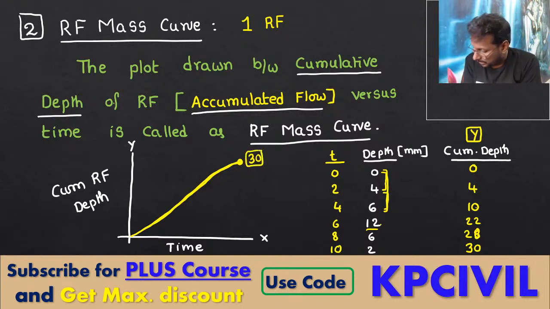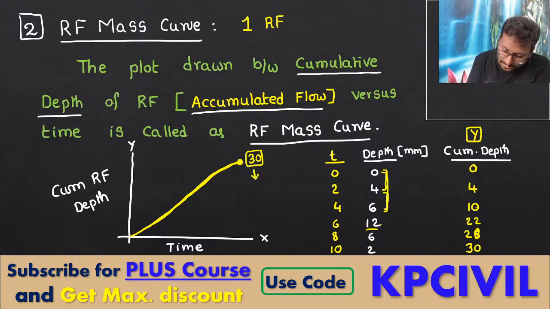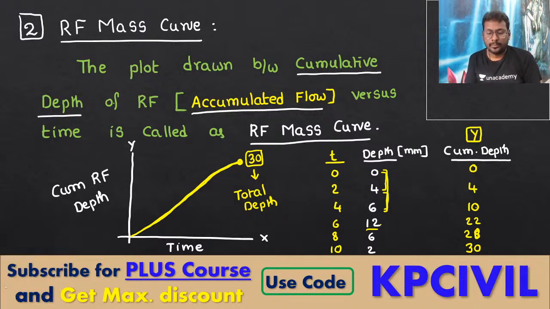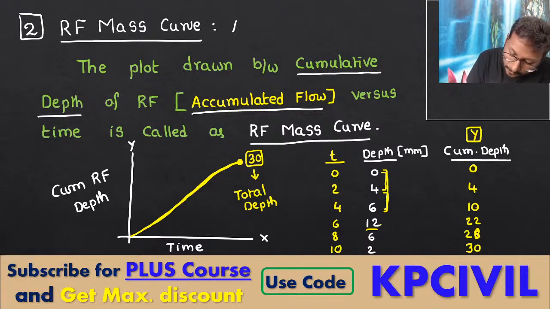Yes, very good, Prakash and Rahul Gautam. The last value gives the total depth of the single rainfall. Now, what is the output provided from a rainfall mass curve? Very important point: the rainfall mass curve is always a rising curve.